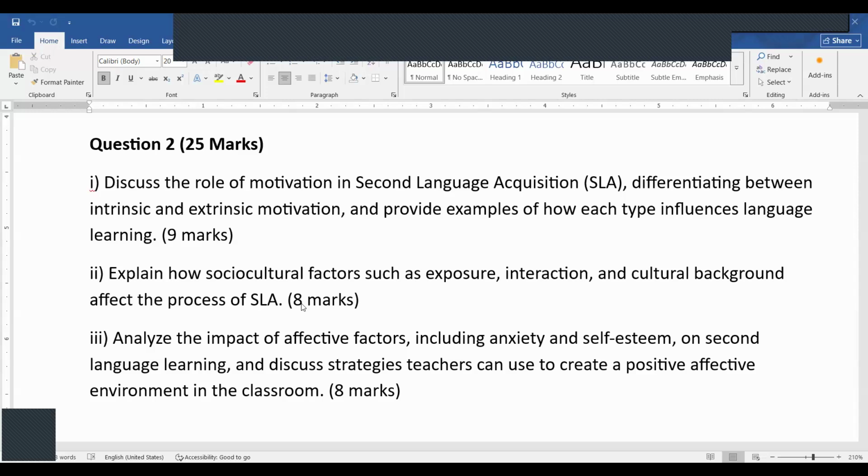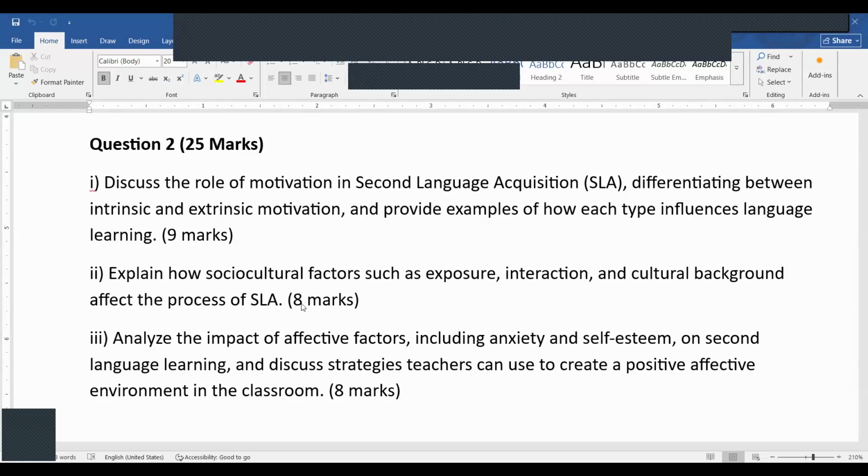Then in the same way you can talk about interactions. Rather than learning a second language theoretically, if students can interact with each other using it, that is really nice. That is why there are new teaching methods like interactive teaching.